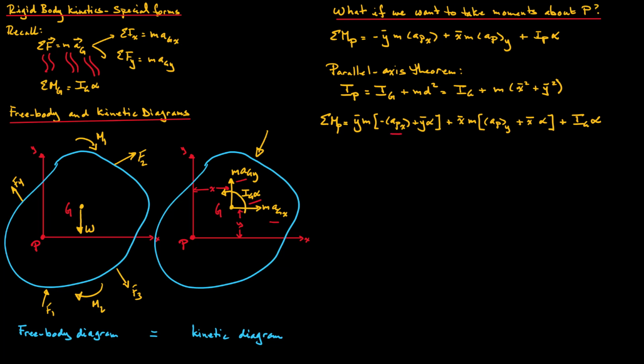Now let's look at these quantities over here, the accelerations at point P. We can express Ag, the acceleration at the center of mass, as the acceleration at point P plus the relative acceleration, and we can expand this into its components.